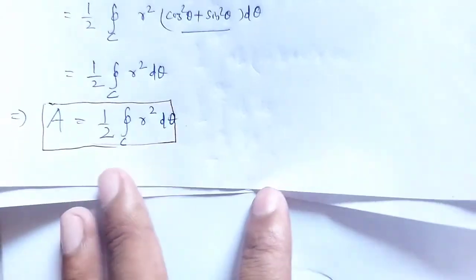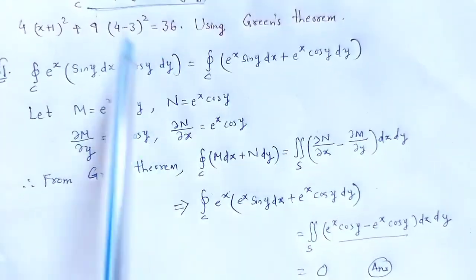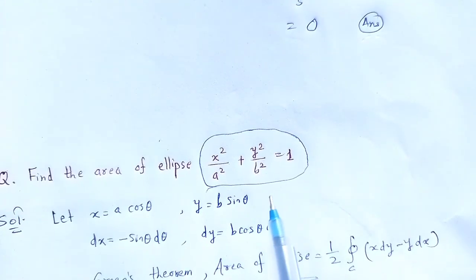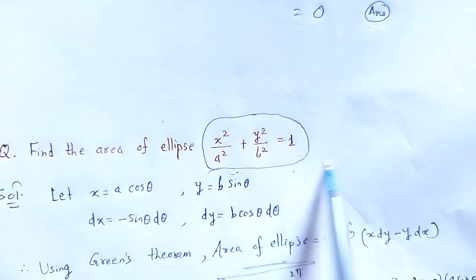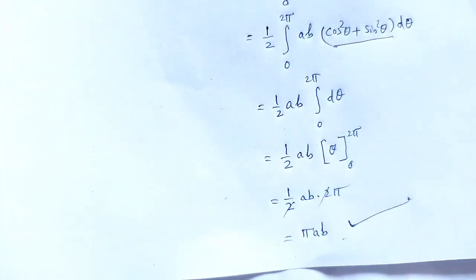And two problems related to Green's theorem. Problem 1: find this integral by using Green's theorem. And also the area of an ellipse, where the equation of the ellipse is given, and finally we find the area of that ellipse by using Green's theorem.